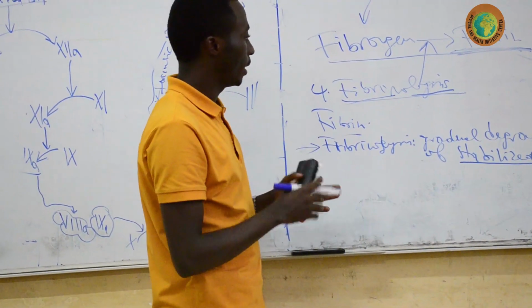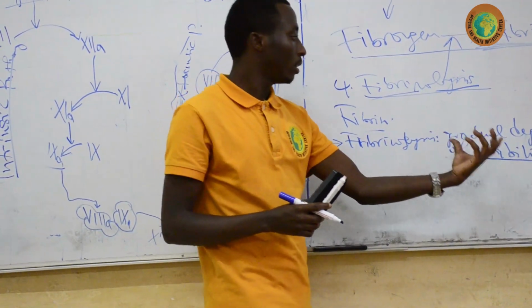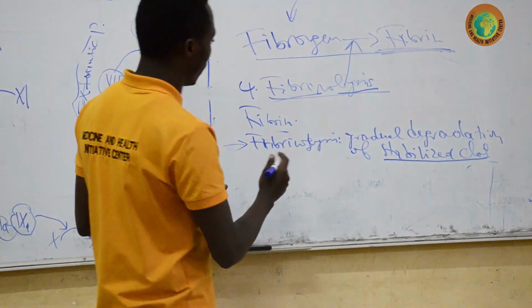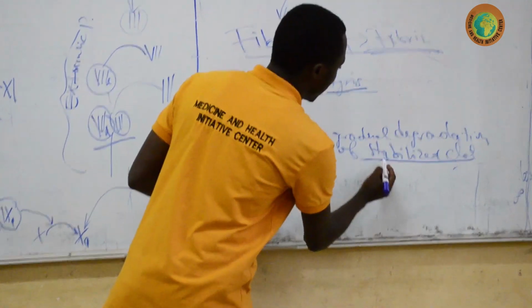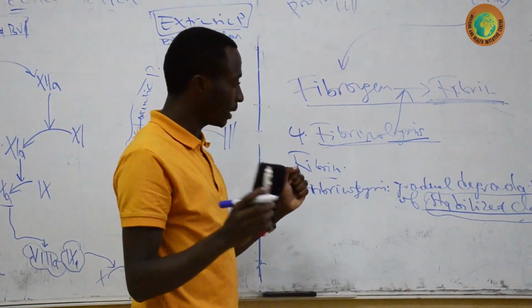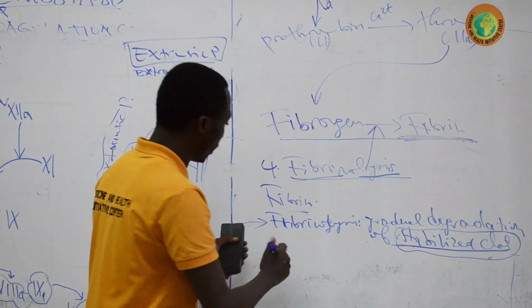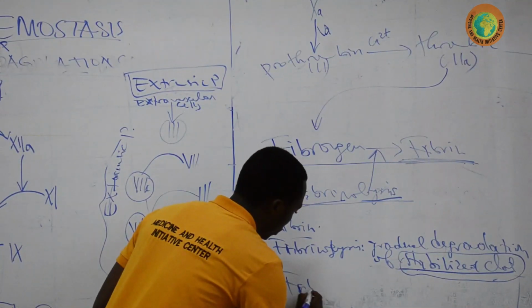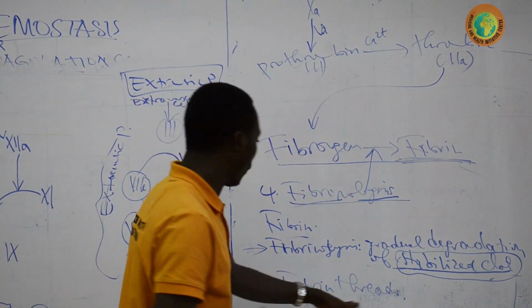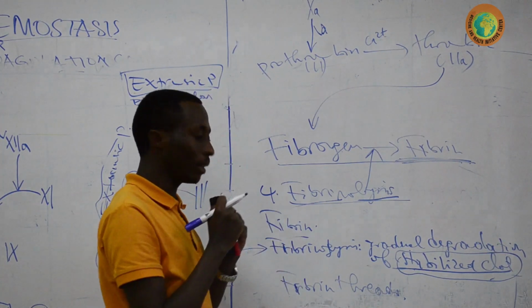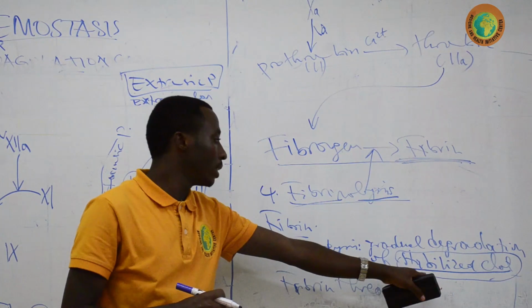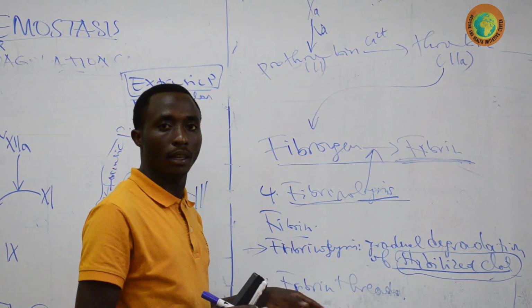As those proteins contract, they cause the fibrin threads to become tighter, bringing the edges of the clot more tightly together.